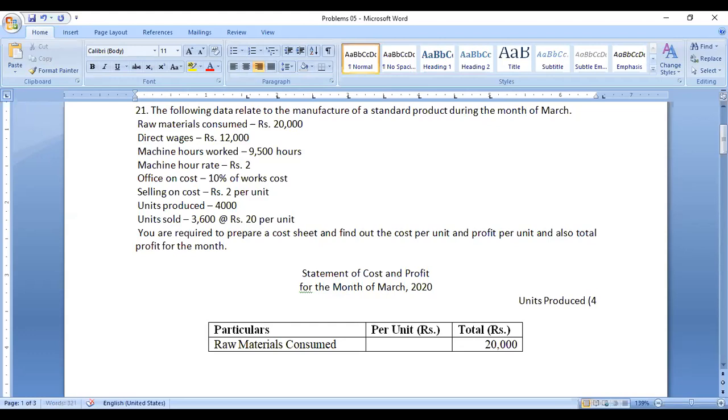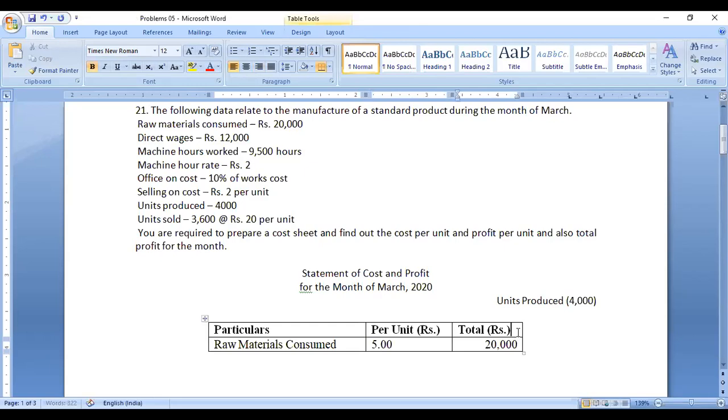So how to divide? 20,000 divided by 4,000. That amount is 5 rupees per unit material cost.